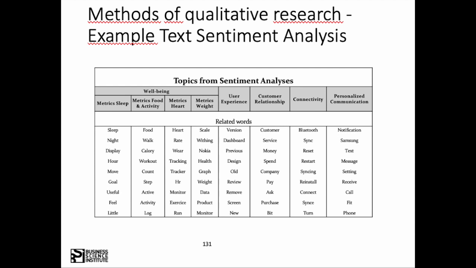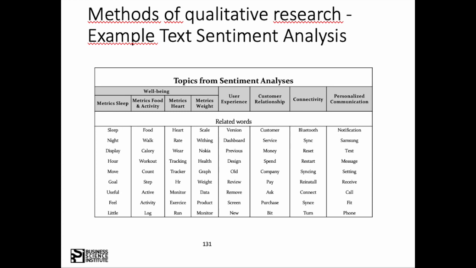And from the words used in the reviews, we generated 8 topics with R. 4 topics refer to well-being: matrix sleep, matrix food and activity, matrix heart activity and matrix weight. We have 1 topic about user experience, 1 topic about customer relationship management, 1 topic about connectivity, and 1 topic about personalized communication.